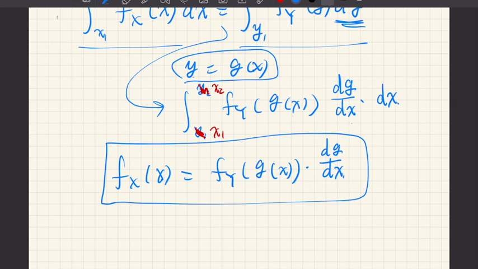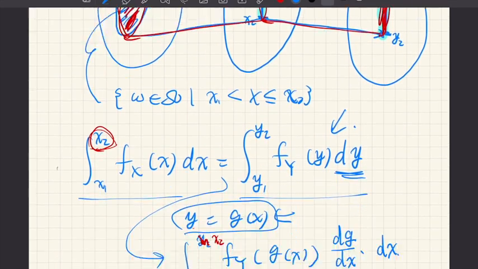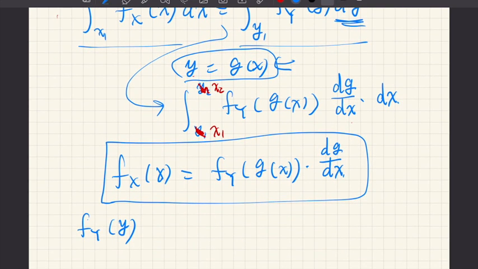But what we really want is not this, but we want this. Okay. So again, let's use this one. Okay, since this g is a monotone increasing function, we have its inverse function, right?